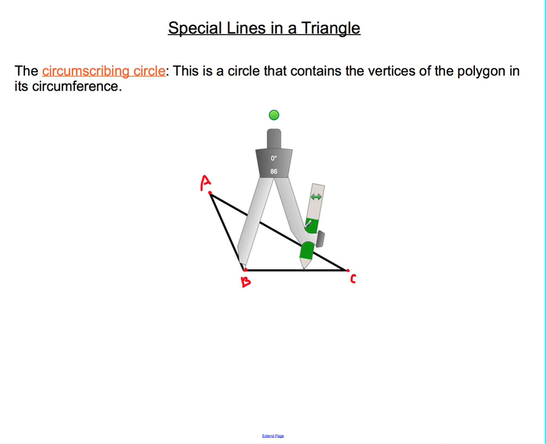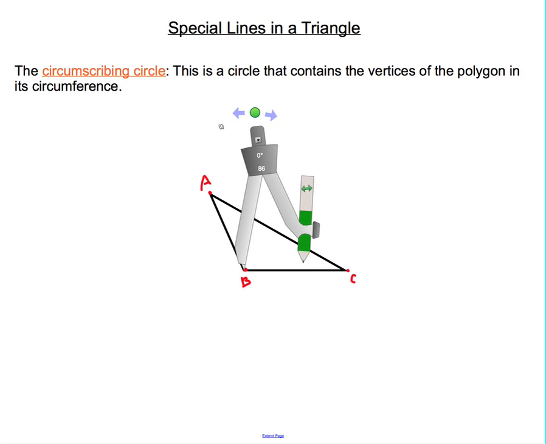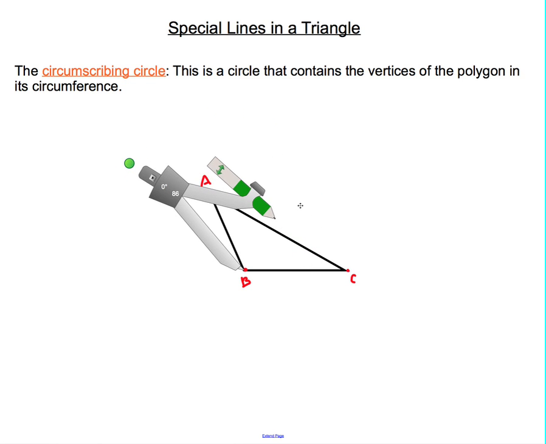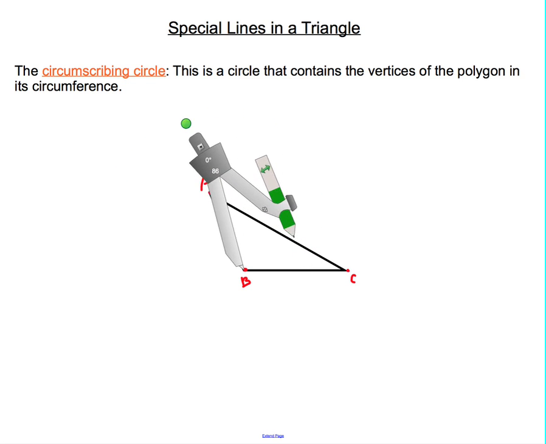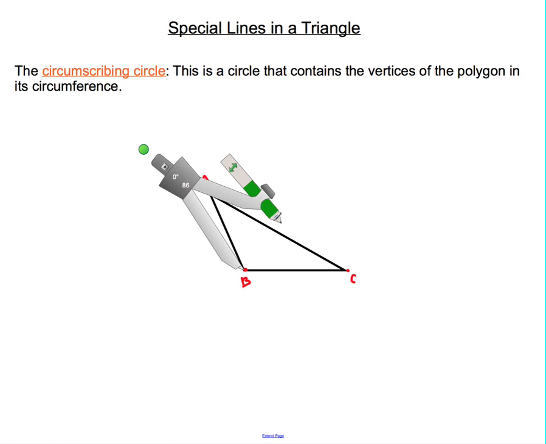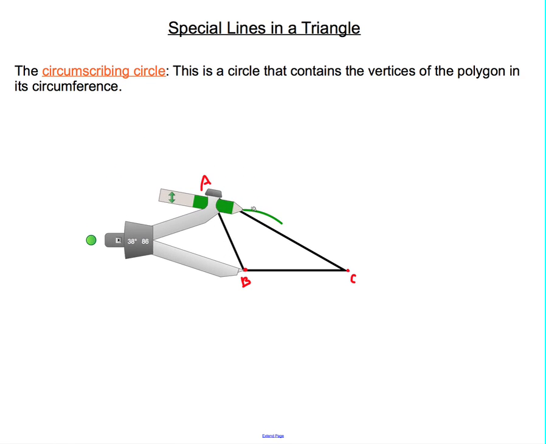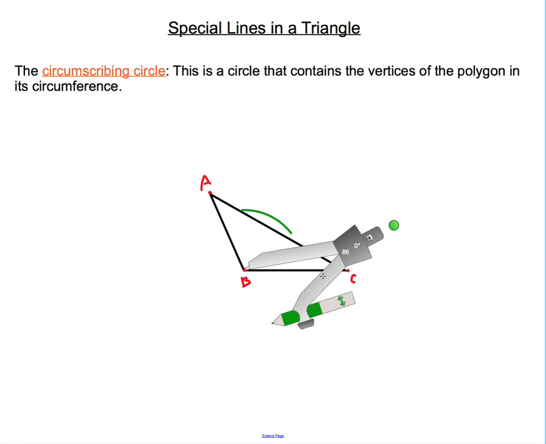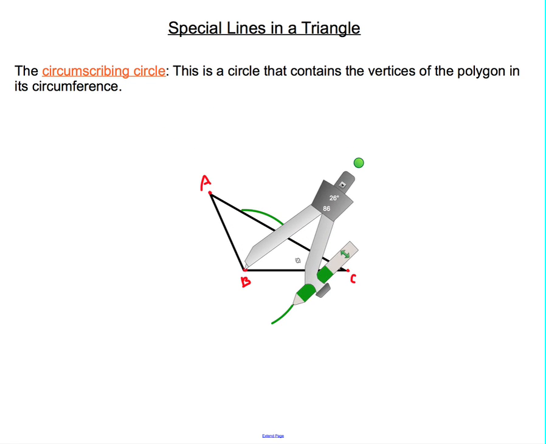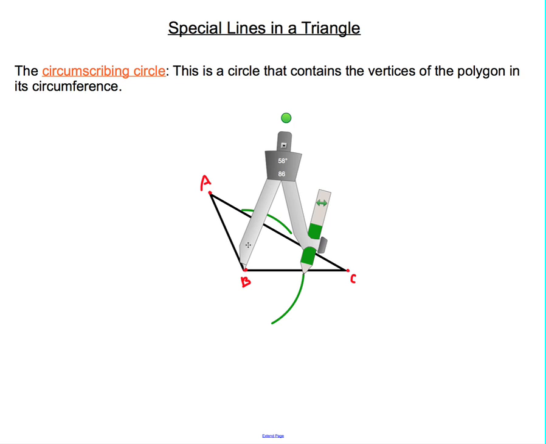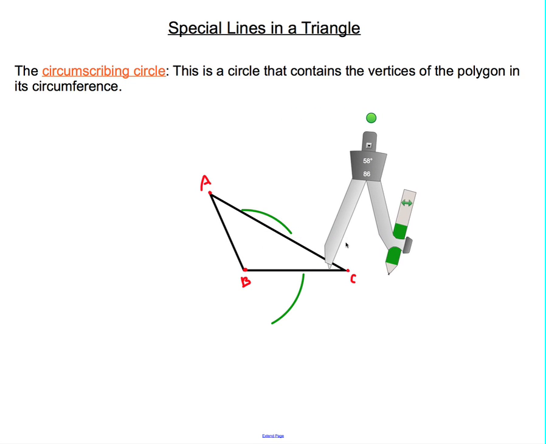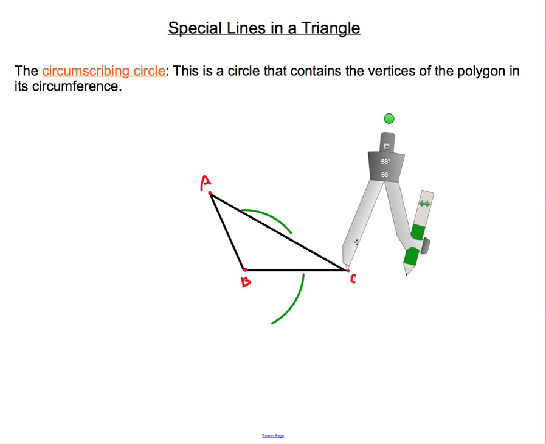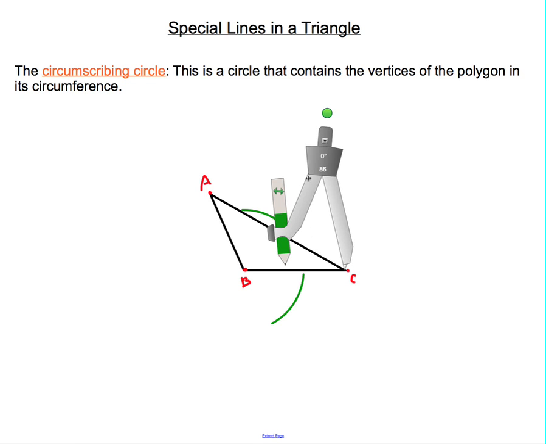Once you have it past halfway, you can start marking off over here and also underneath over here. Now you bring that needle to point C, and the idea is to do the exact same thing on this side.